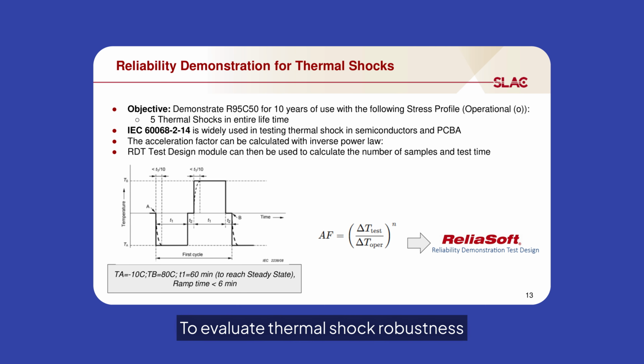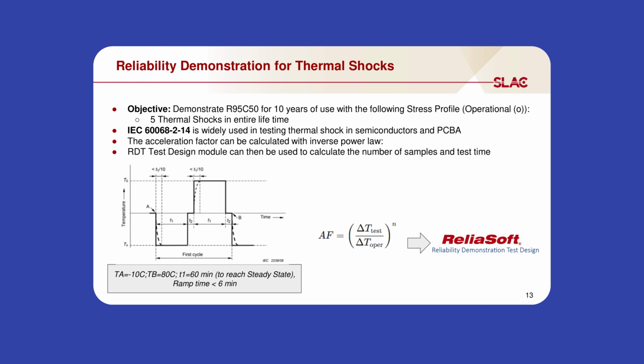To evaluate thermal shock robustness in semiconductor devices and PCB assemblies, IEC 60068-2-14 is a widely used industry standard. This standard defines controlled thermal shock test conditions designed to expose devices to rapid temperature transitions representative of worst-case environmental and operational scenarios.